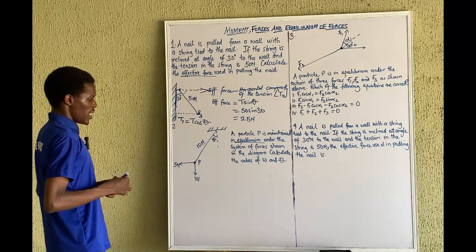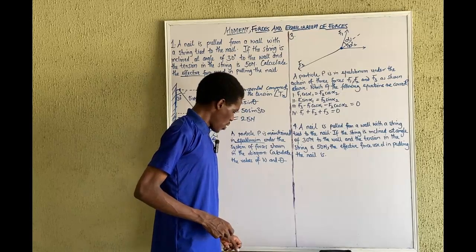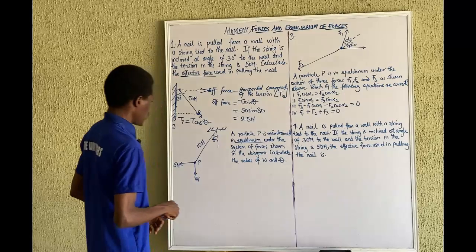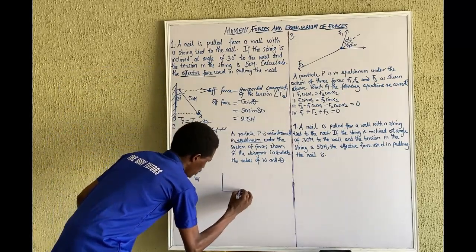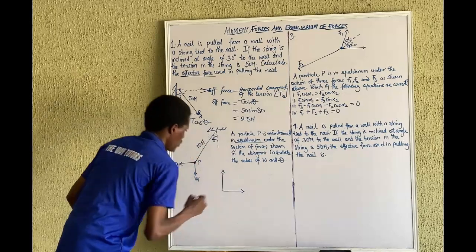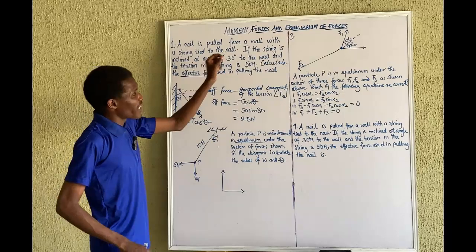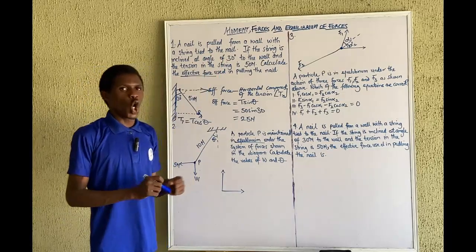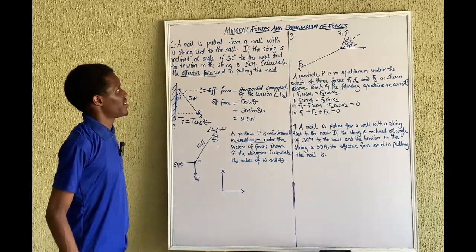A question like this, you must be able to resolve to a right angle triangle. I want you to note that quite a lot of students have issues with this topic.